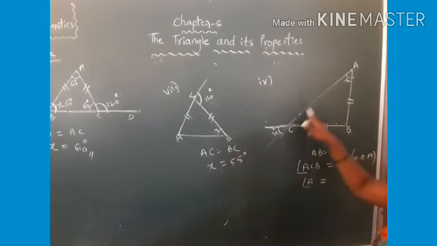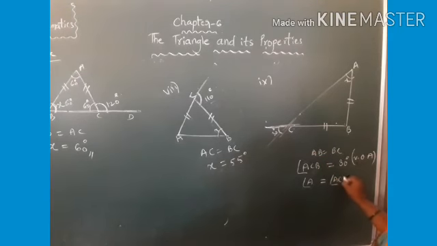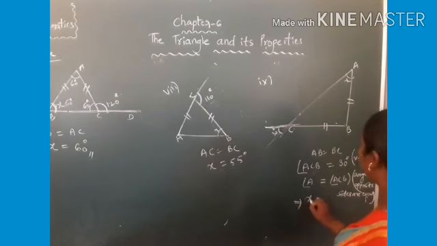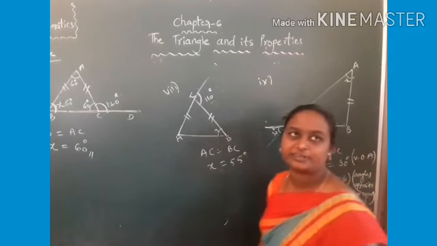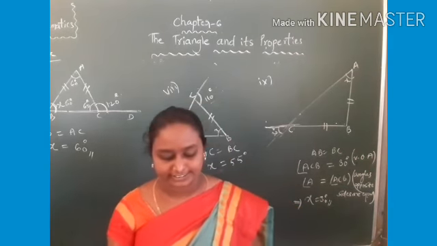Angle A is equal to angle ACB because angles opposite to equal sides are equal. That's why the x value is equal to 30 degrees.